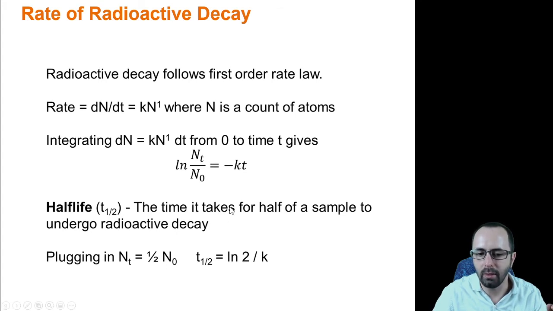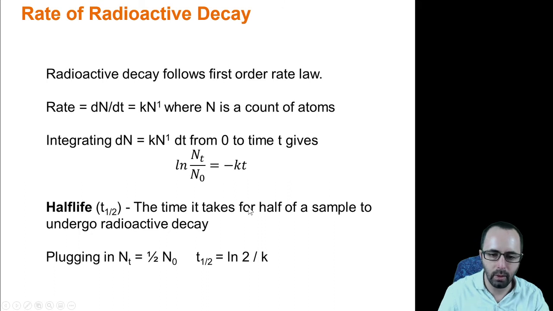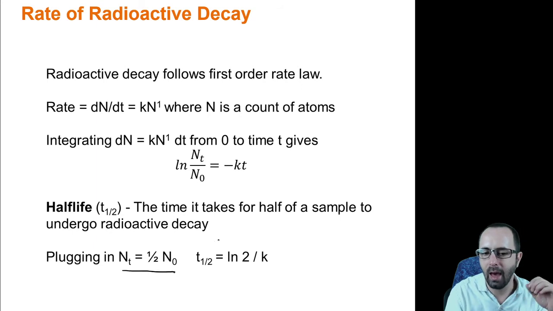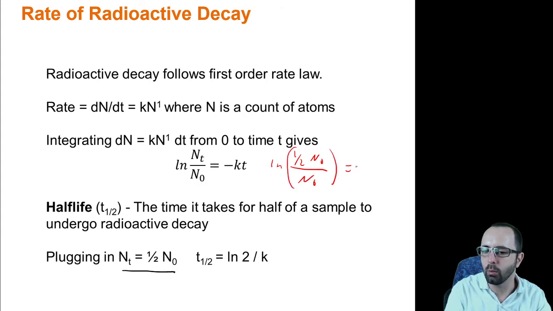And the way that you get this, I can show you the math here real quick, is that if we're talking about the half-life, what we mean is the n at time t is half of the initial amount. So if we plug half of the initial amount in for n of t, we get the natural log of half of the initial amount over the initial amount, equals negative kt.